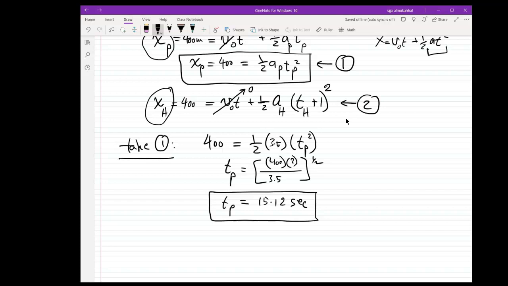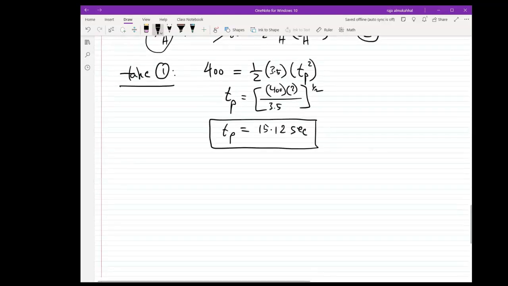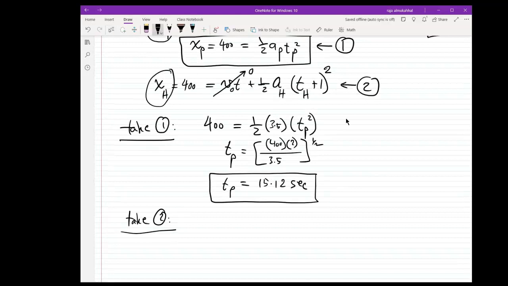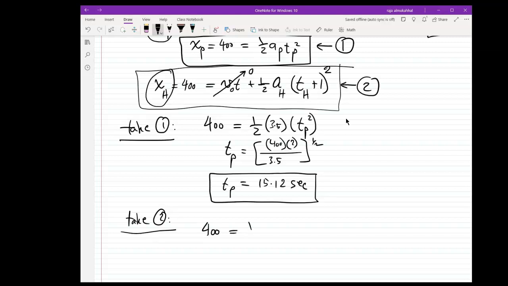We do the same thing for number 2. So we have this equation right here. I have 400 equals that. So let me write it down here. So I have here 400 equals half a sub h, which is 3, correct?